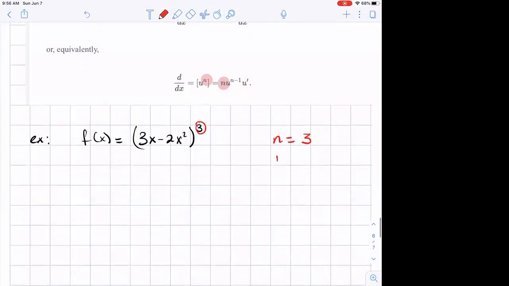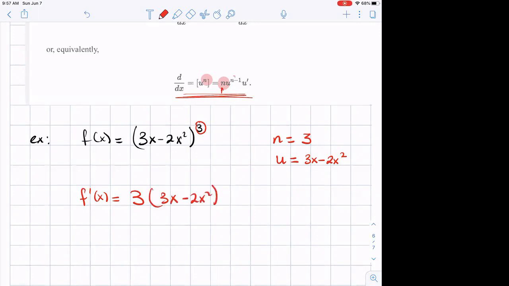And what is u? What is u in my example? 3x minus 2x squared. Very good. So if you have that, then we can follow this, okay? So f prime of x says n, which is 3, times u, right? U is 3x minus 2x squared, to the n minus 1, so 3 minus 1.